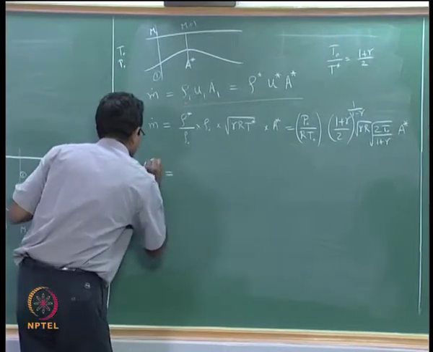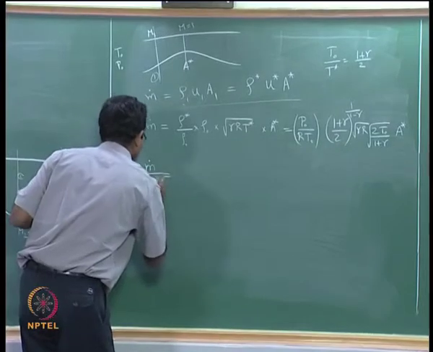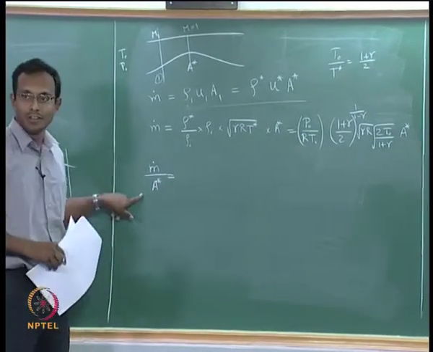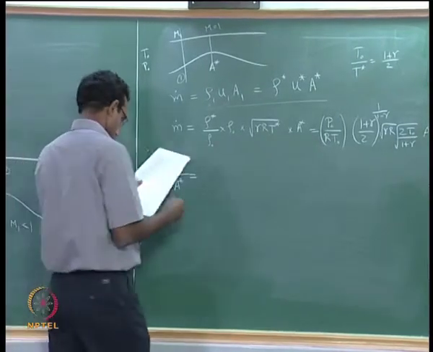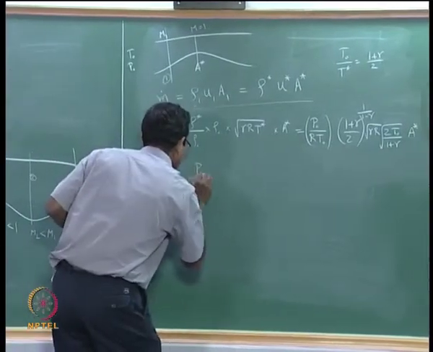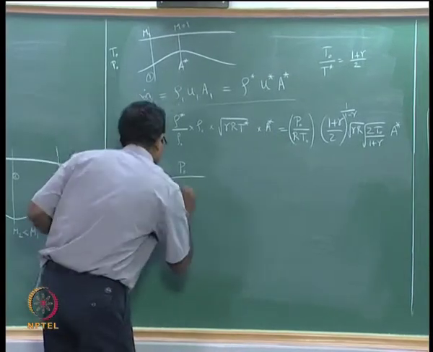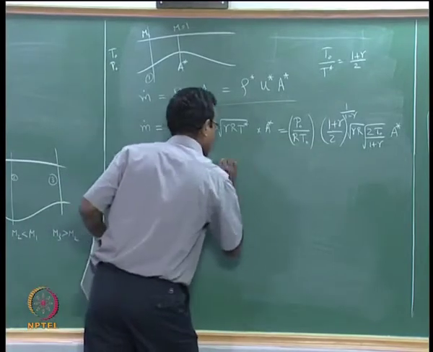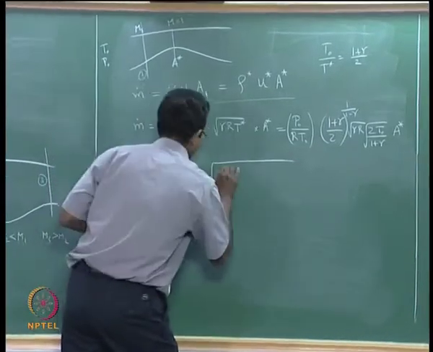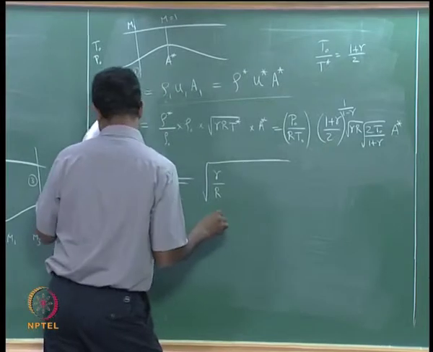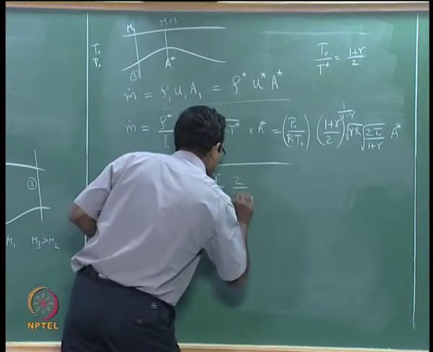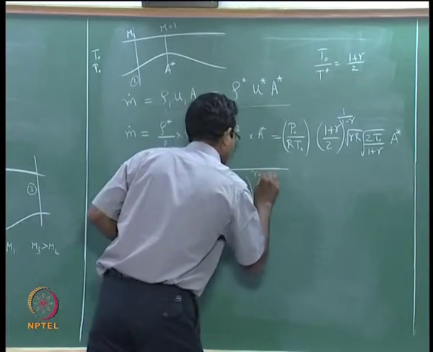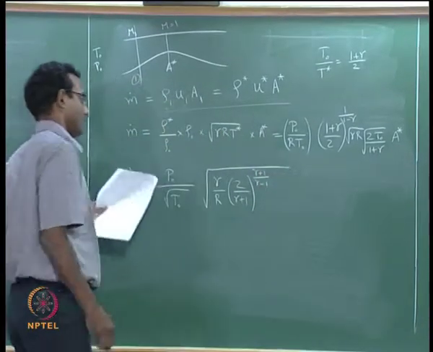If I write the final expression in a form which is very common, I will take the A star and put it in the denominator here, m dot by A star, that is going to be given as P naught by square root T naught, I am writing it in a particular form, multiplied by square root of gamma by R, 2 by gamma plus 1 to the power gamma plus 1 by gamma minus 1.